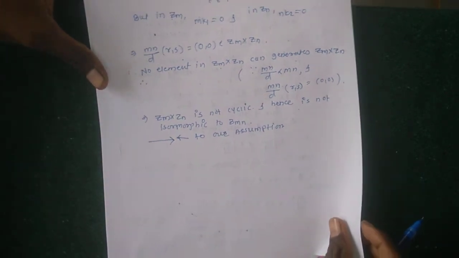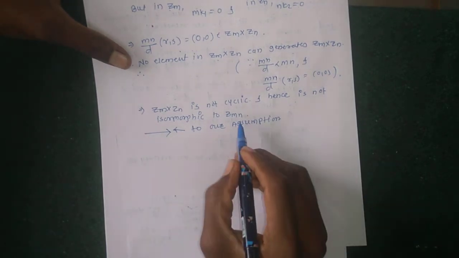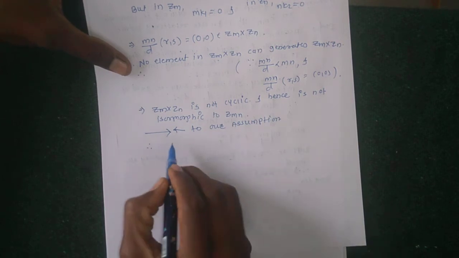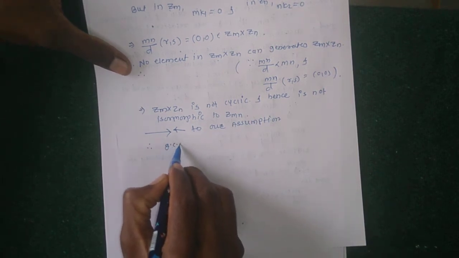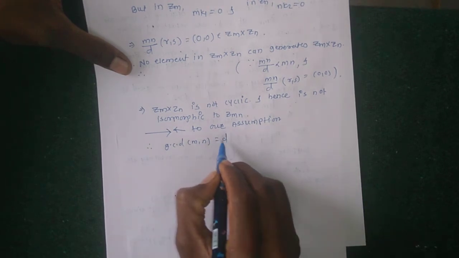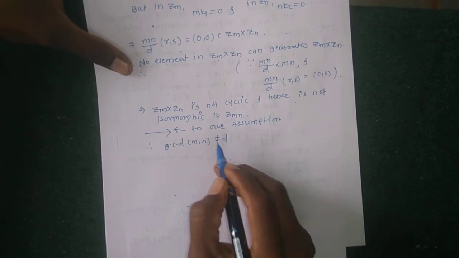Therefore, GCD of m and n equal to d is not possible; GCD of m and n is not equal to d.